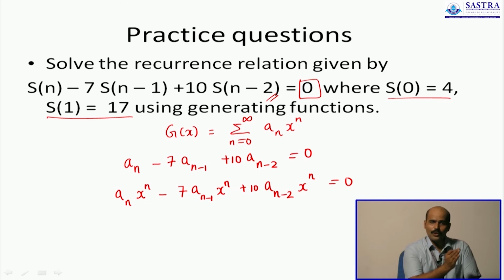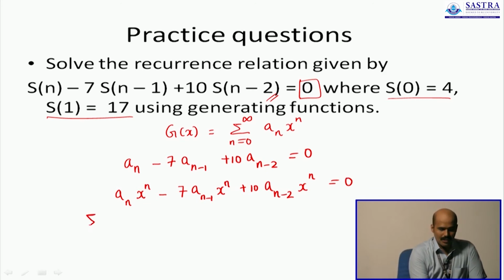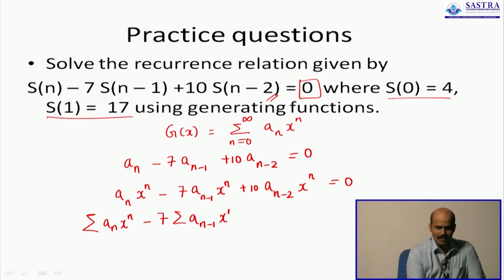Next up we will do a uniform summation, so it will be summation an x raised to n minus 7 times summation an minus 1 x raised to n plus 10 times summation an minus 2 x raised to n.